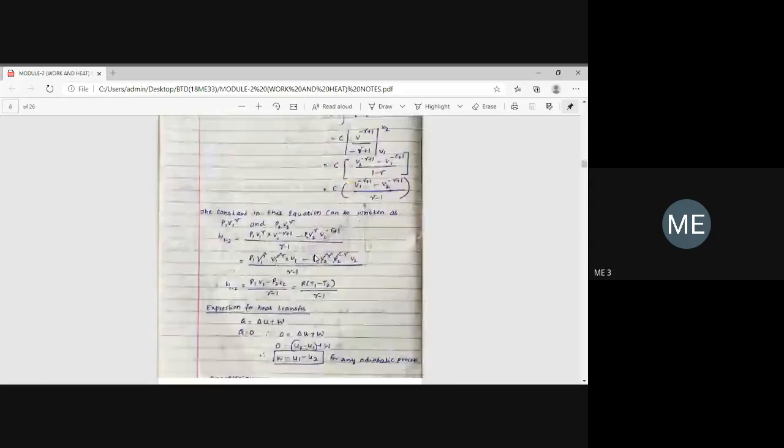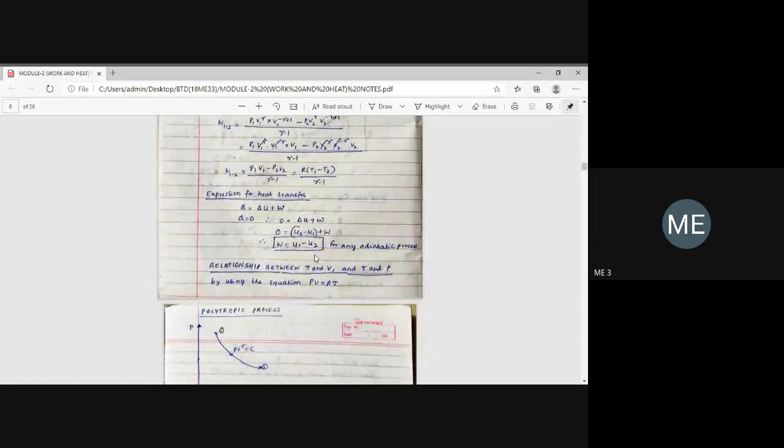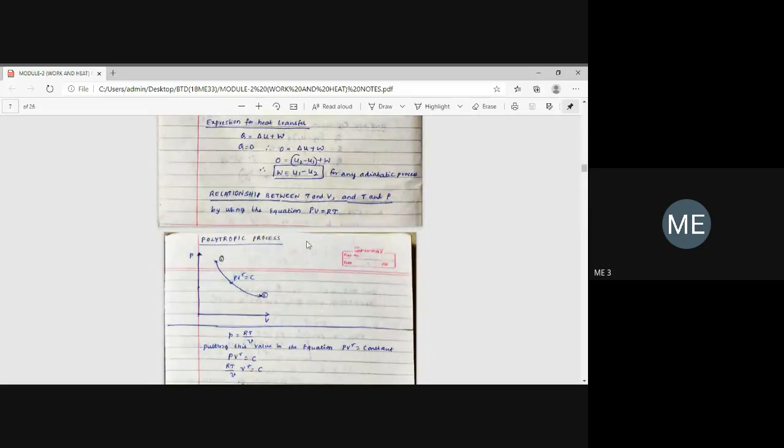Okay. So the fourth process is adiabatic process. The amount of heat transfer is Q equals delta U plus W. Substitute the value of Q as 0, that is 0 equals delta U plus W, or W equals minus of (U2 minus U1). So in case of adiabatic process, there will be a decrease in the internal energy.